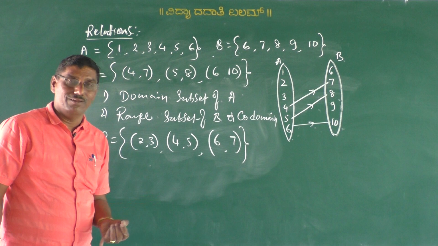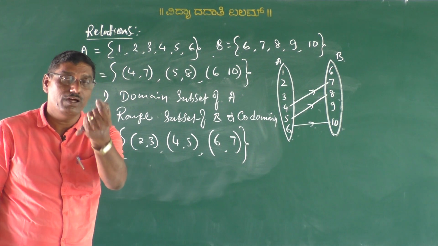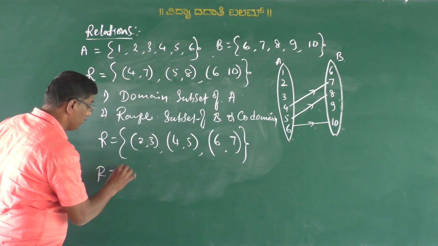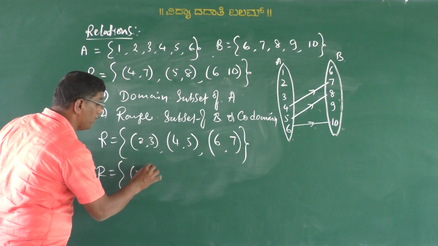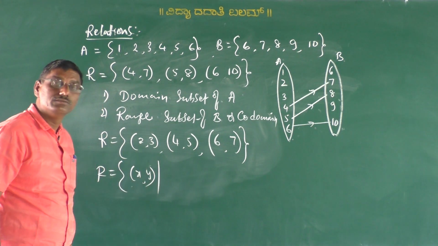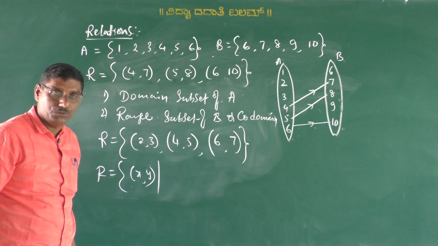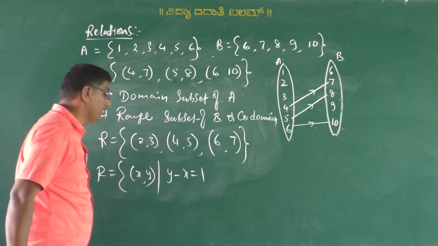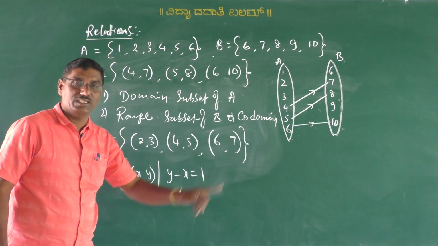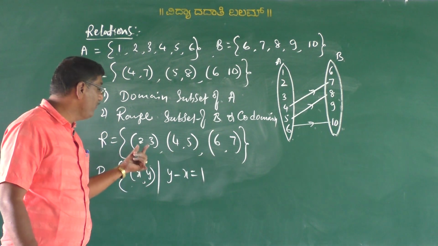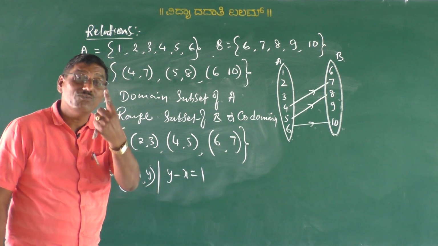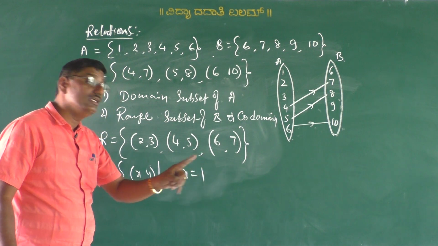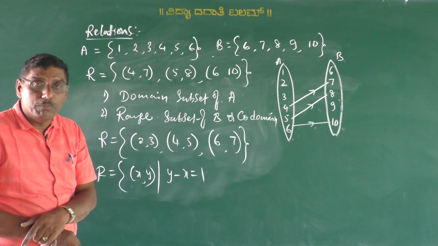This can be written in rule method or set builder method as R is equal to the set of all ordered pairs (x, y) such that y minus x is equal to 1. Isn't it? y minus x is equal to 1, or we can say the difference between x and y is 1, my dear children.